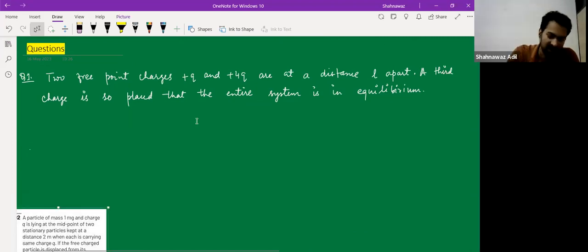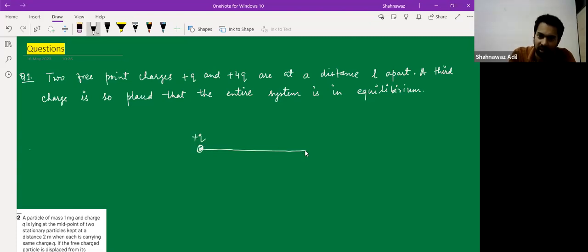So this simple question: two free point charges plus Q and plus 4Q are at a distance L apart, right? So this is, let's say, plus Q and this is plus 4Q, and they are L units apart, okay?